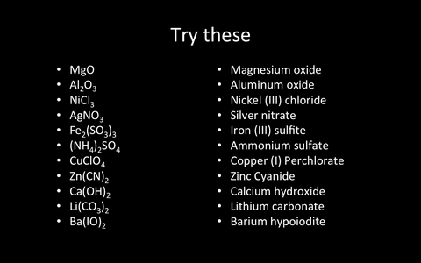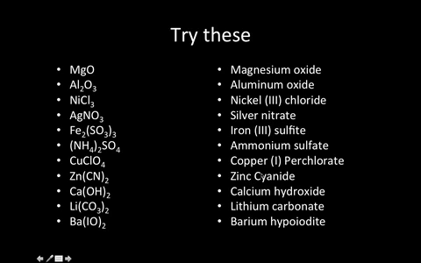First one is magnesium oxide, aluminum oxide, nickel 3 chloride, silver nitrate, iron 3 sulfite, ammonium sulfate, copper 1 perchlorate. So I'll talk about this one. Perchlorate is ClO4 because ClO3 is chlorate. -1 charge, so copper is +1.